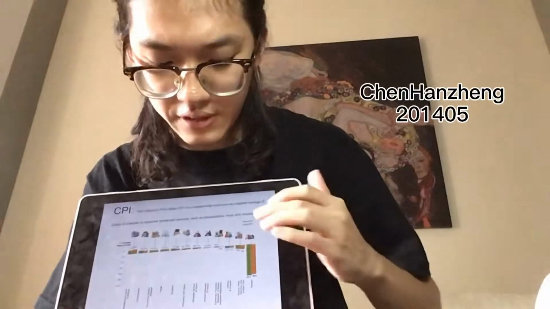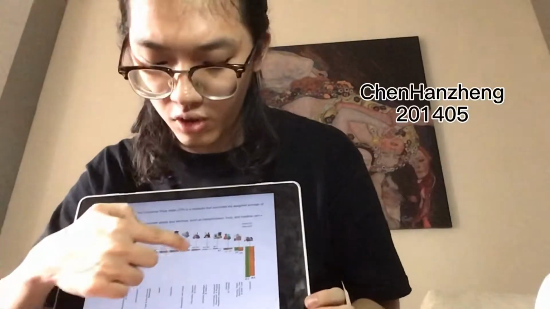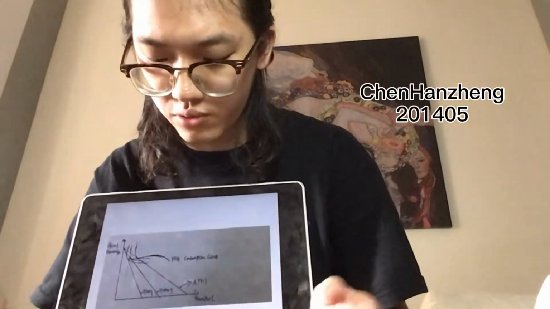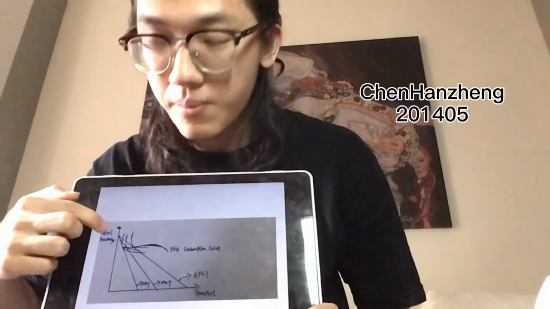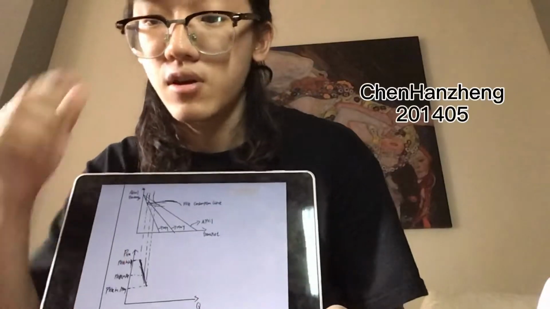So let's use transport and alcoholic beverages, because the price of alcoholic beverages is nearly unchanged these years. Then we derive the price consumption curve. Let the price of alcoholic beverages stay constant and the price of transport become smaller, and we draw it. Then we can derive its demand curve.